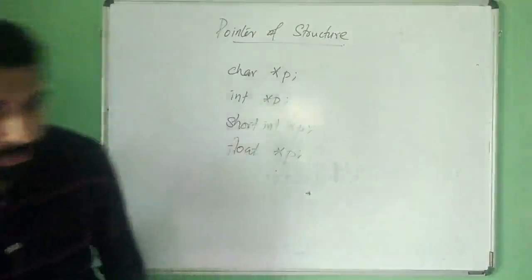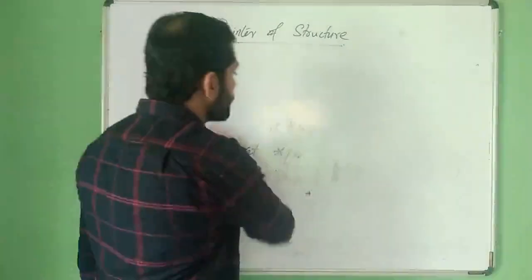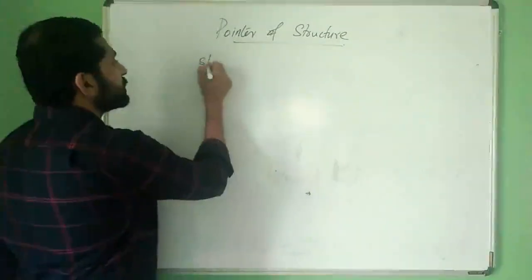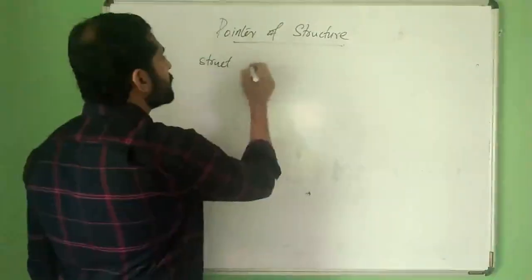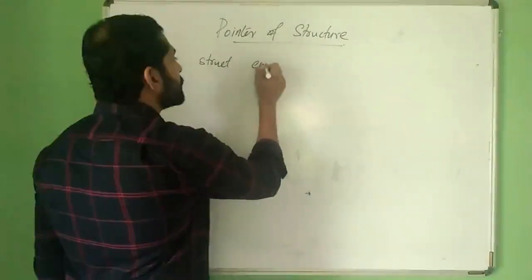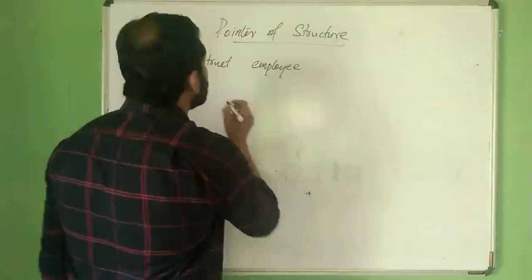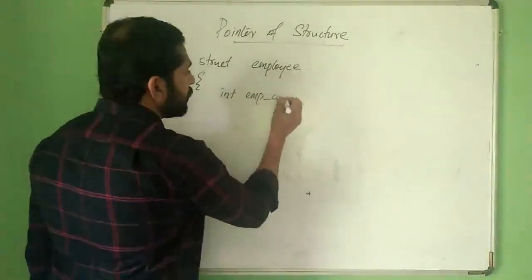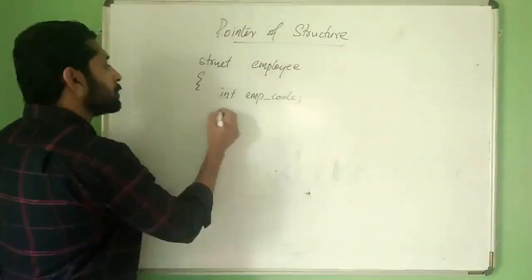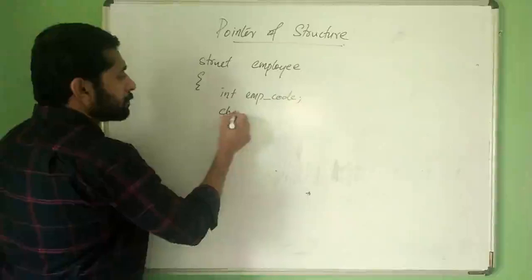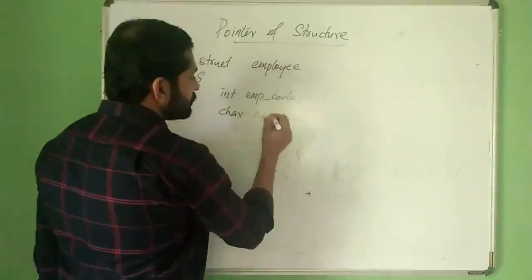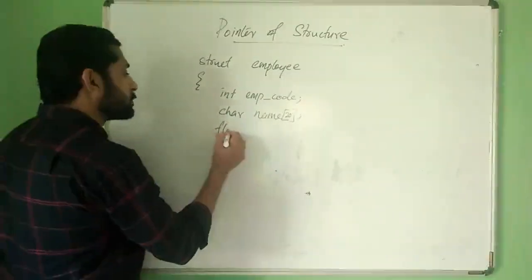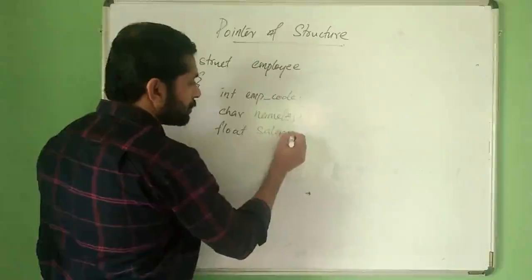Now suppose we have created a structure, something like this: struct employee, int empcode, char name of 20, and float salary.